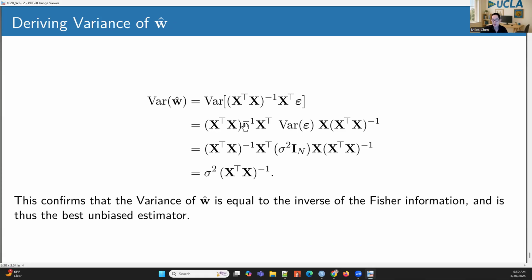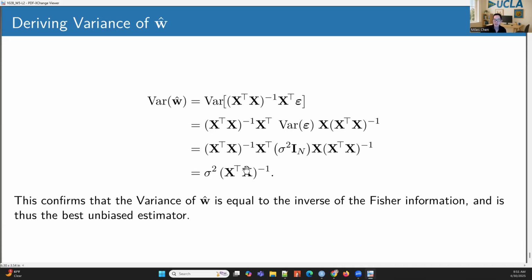Multiplying all of this out, the variance of epsilon is going to be sigma squared multiplied by an identity matrix, so the dimensions all line up. And if you go through all of these things, a bunch of them cancel out, the X transpose X and inverse terms, and we're left with sigma squared times X transpose X inverse.